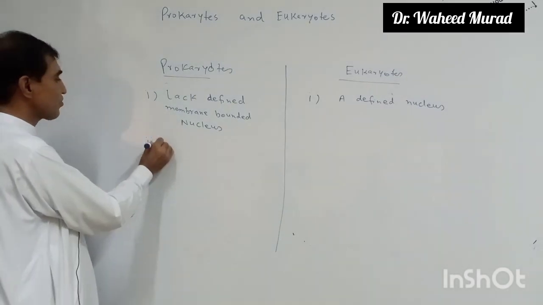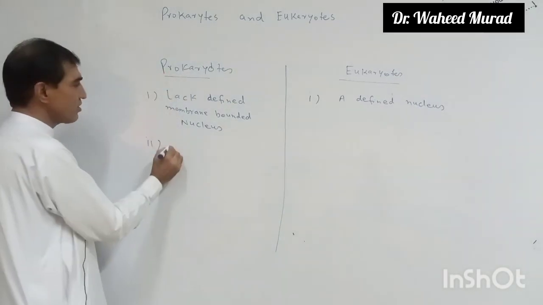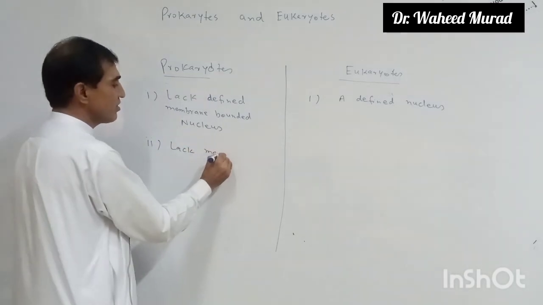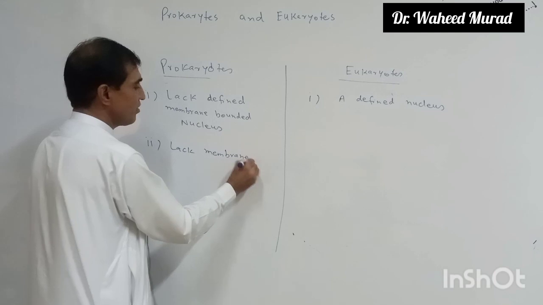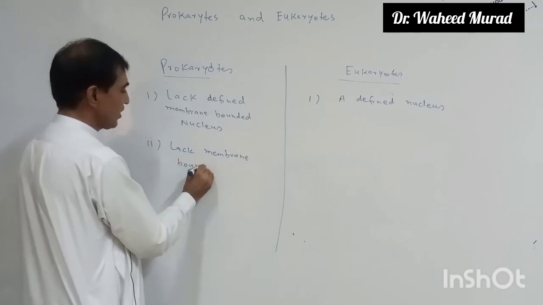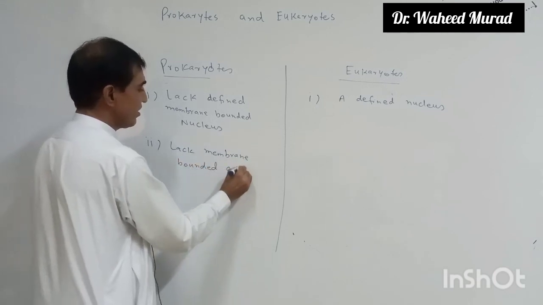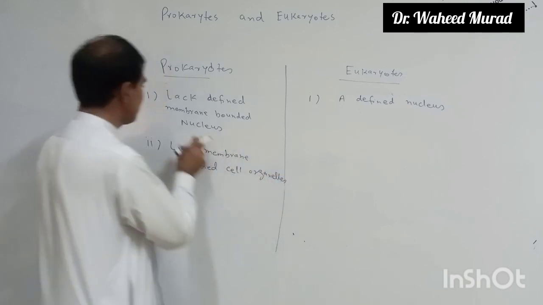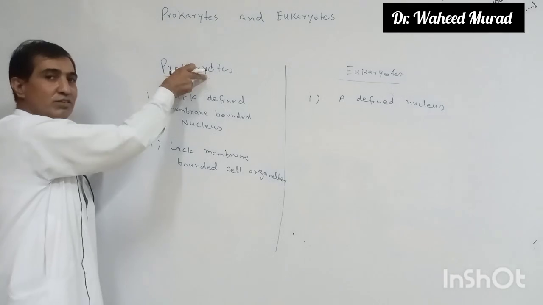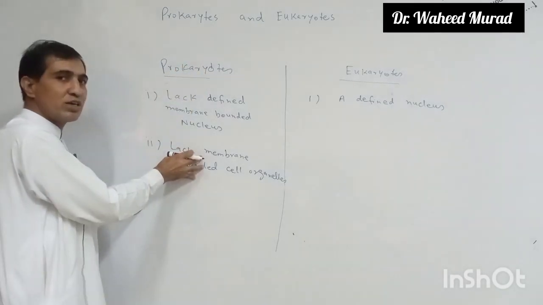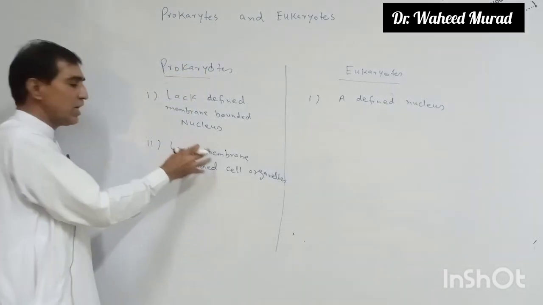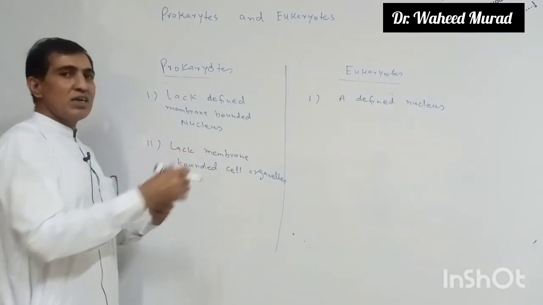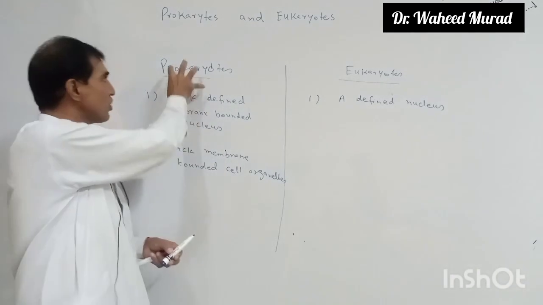Second difference: prokaryotic cells lack membrane-bounded cell organelles. Membrane-bounded cell organelles are absent in prokaryotic cells. They don't have mitochondria, they don't have Golgi bodies, they don't have endoplasmic reticulum.